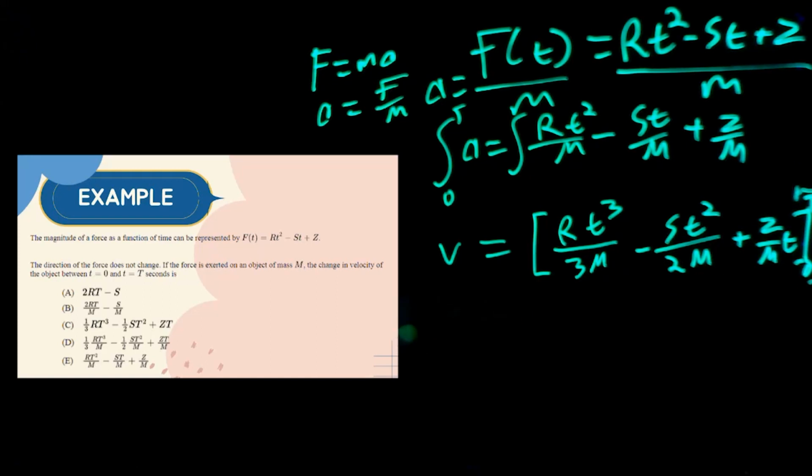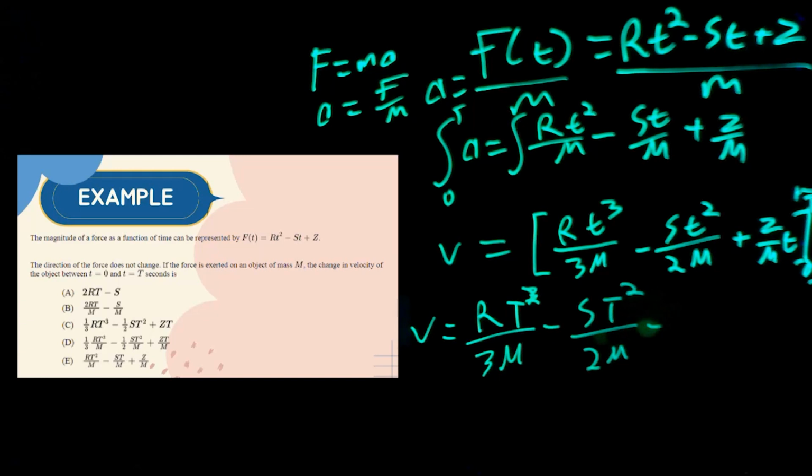For the 0, it all cancels out, so you're fine there. So you really just have to plug in these tops. So it's r t cubed over 3m minus s t squared over 2m plus z t over m. And that answer choice is answer choice D.